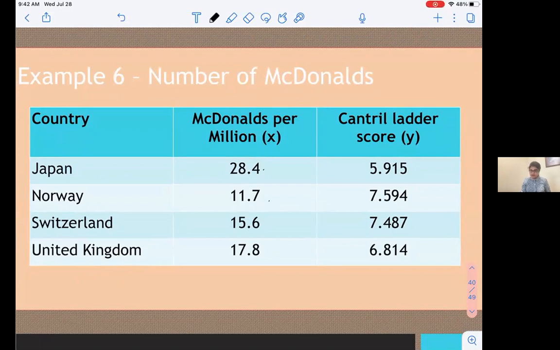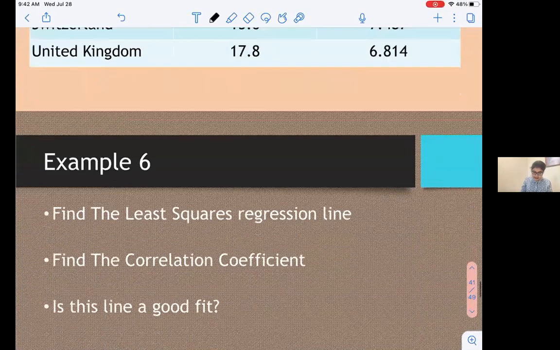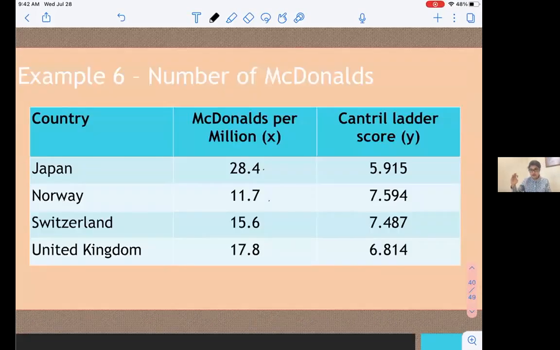If I choose these values for X and their corresponding values of Y, which is the happiness level, then for sure it can give you the best accuracy, but only for 4 countries. It is not a good estimation for the overall countries. So out of 11 countries, I'm choosing only 4 that I like.